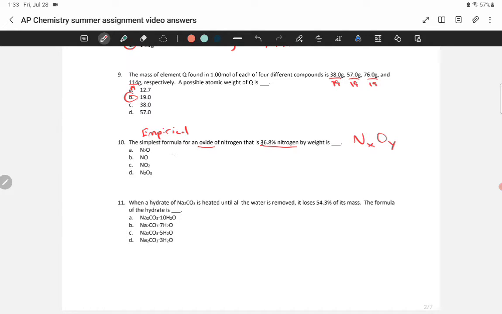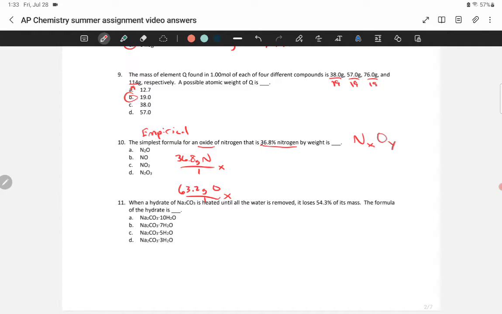So if I had 100 grams of the whole compound, 36.8 grams would be nitrogen. The rest of the 100 grams would be oxygen. So 100 minus 36.8 is 63.2 grams of oxygen.